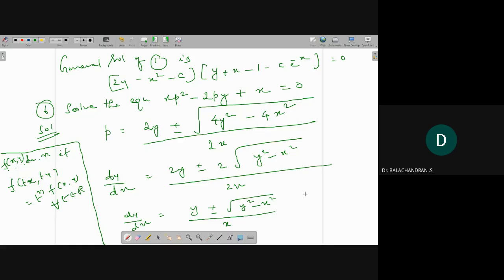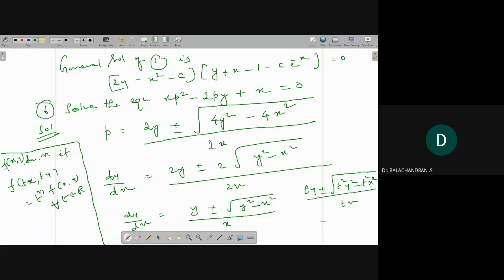So you can check here: ty plus or minus root of t square y square minus t square x square, by tx.